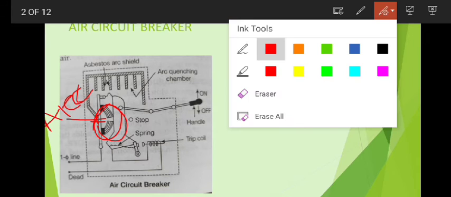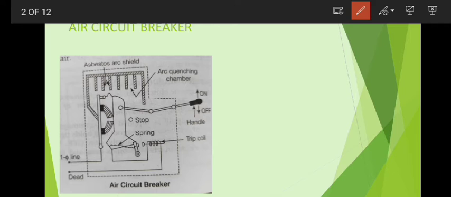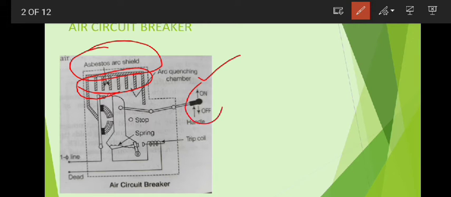So how to reduce the arc? By the arc quenching method. Here the arc should be quenched in the arc quenching chamber, and this is an asbestos arc shield. This is the on-off device, and this is the trip coil.